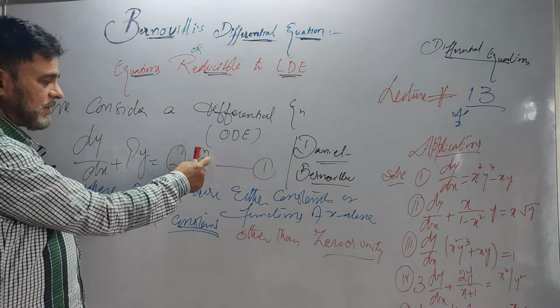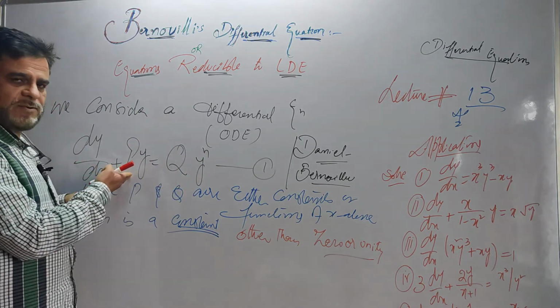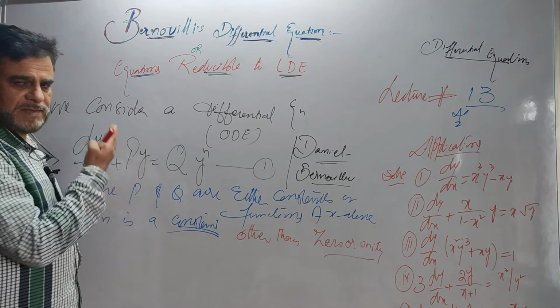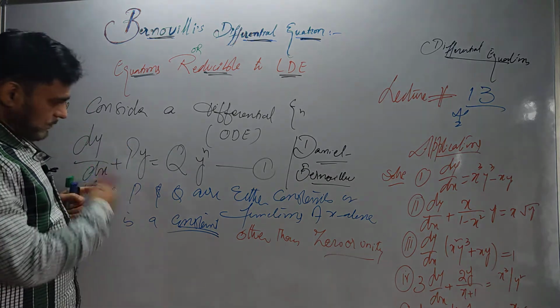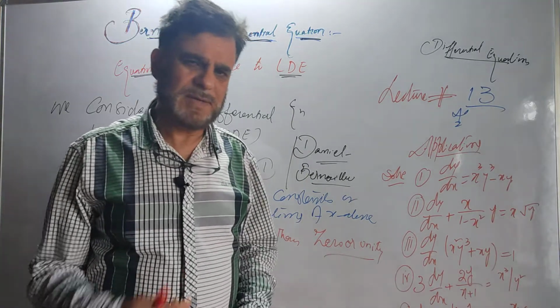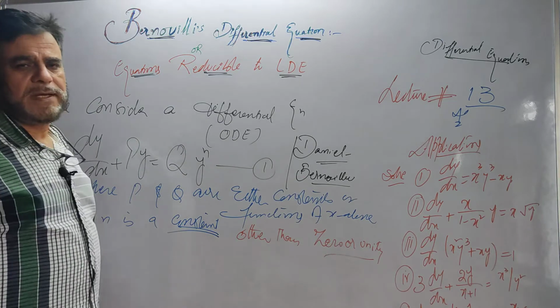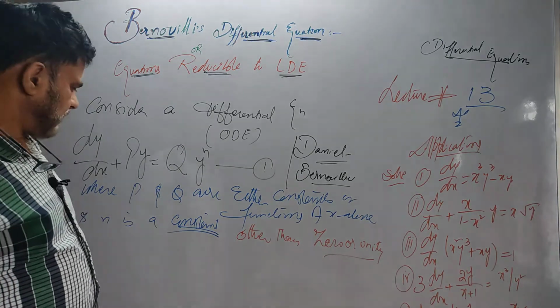Now if n is unity, you can transpose the term and it coincides with the linear form, or we can simply solve it by the variable separable method or the previous method. Therefore n is different from unity or 0.